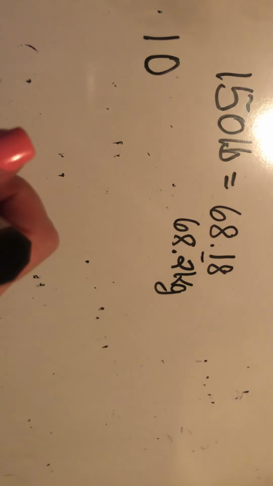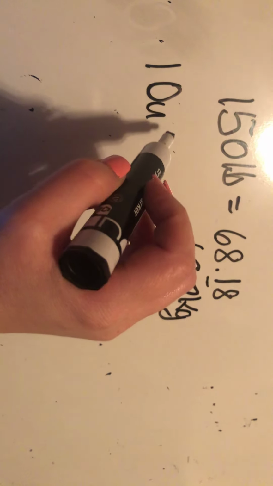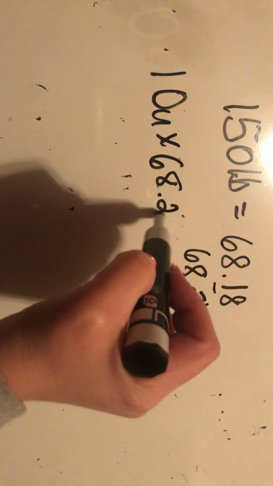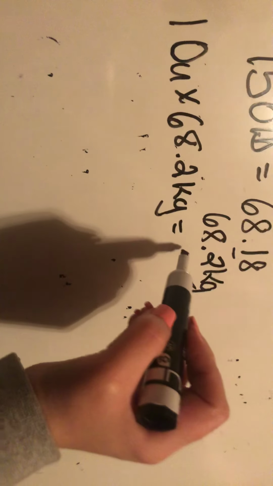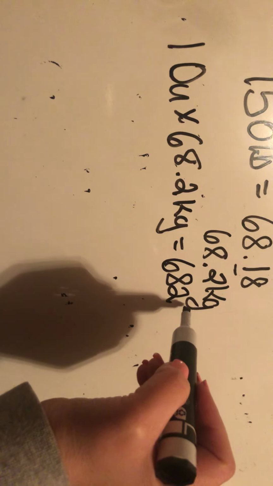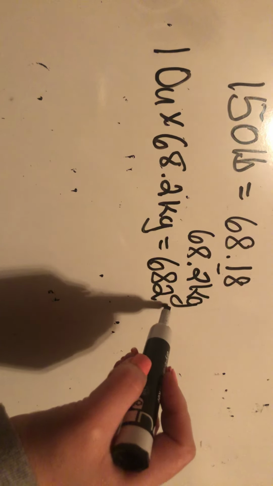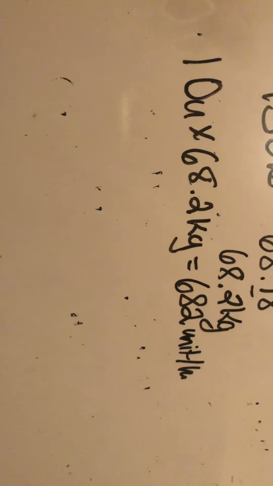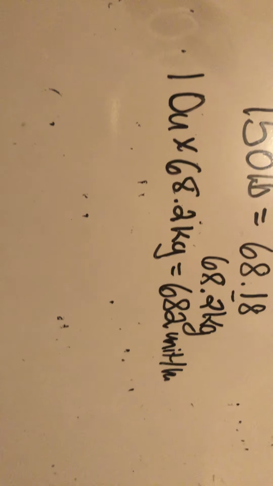Okay, so then we're going to multiply 10 units per kg, which is our 68.2. And that's going to give us 682 units per hour. Okay, that's all we have to do to get our 10 units per kg per hour.